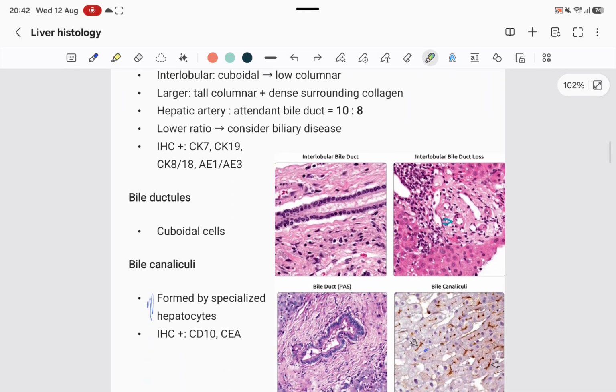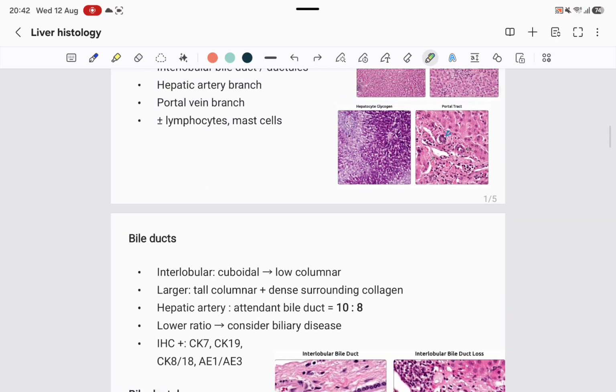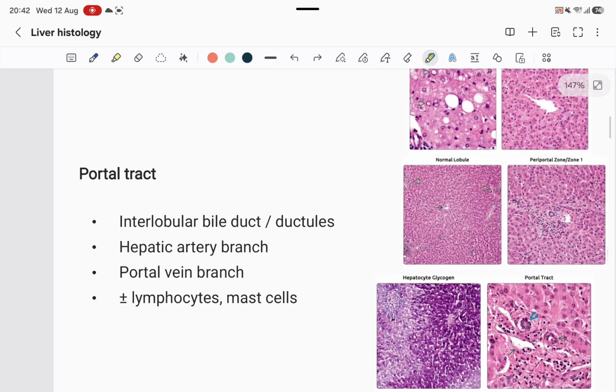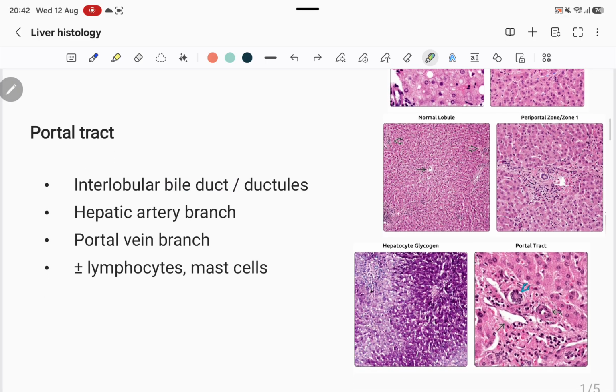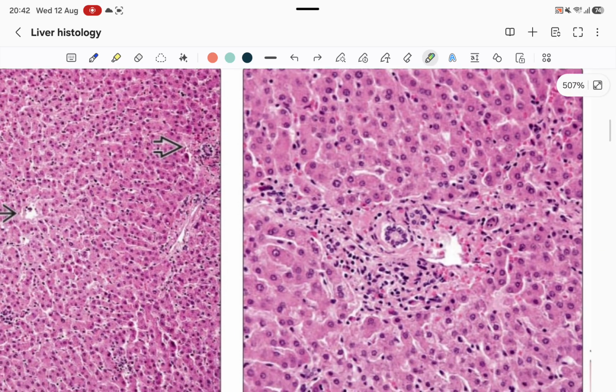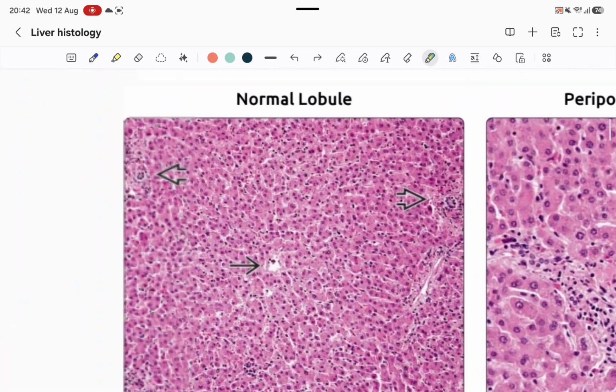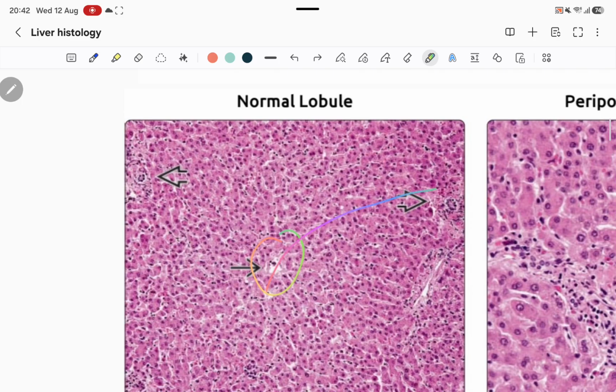So let's get back to the portal tract. Everything is a supplier. The bile ducts are the drainage of the production of the liver. We've talked about these. So this is the center. Everything goes here from blood, and everything goes out here from bile.